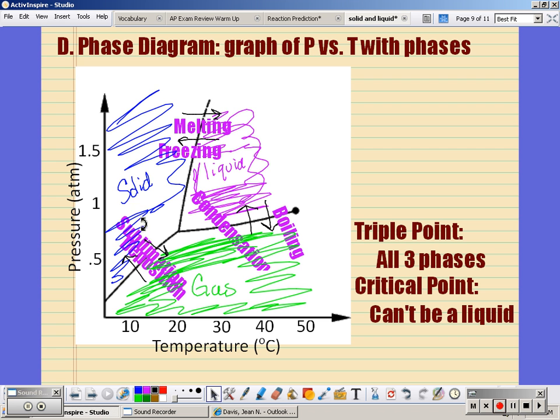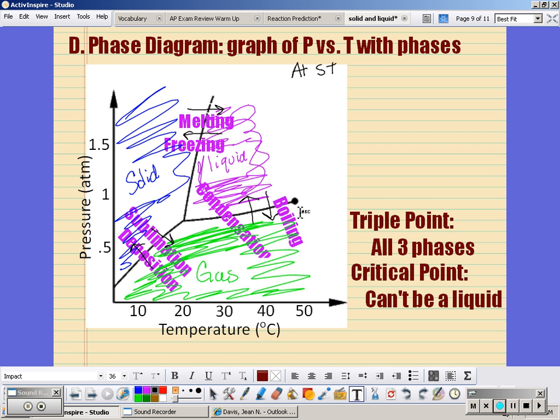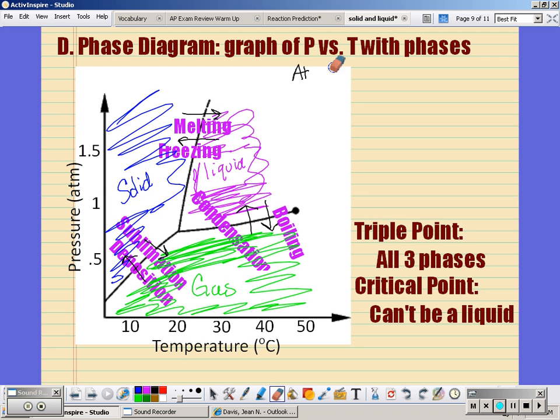So I can actually use this graph to tell what temperature these phase changes would occur at. So if the question says at standard pressure, instead of the word standard, they might say normal.